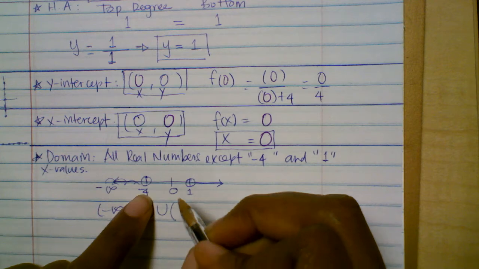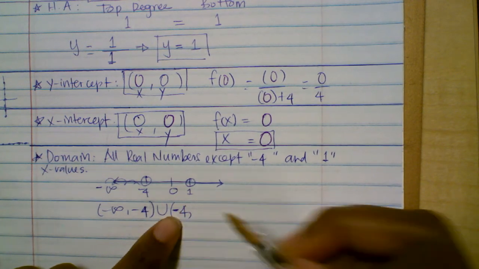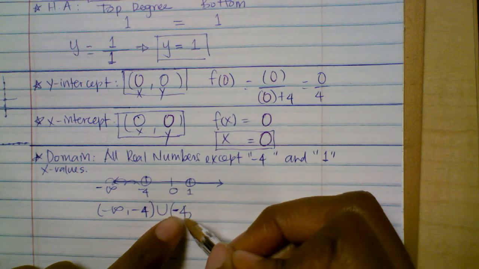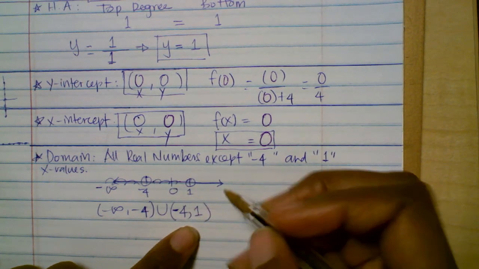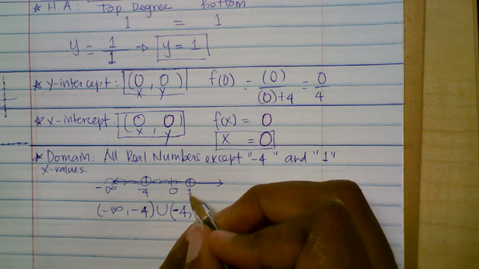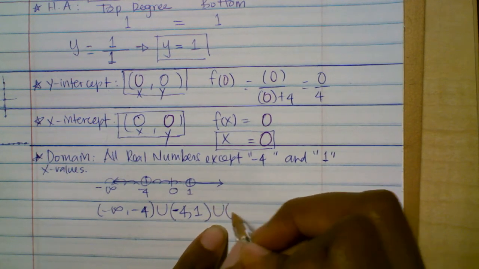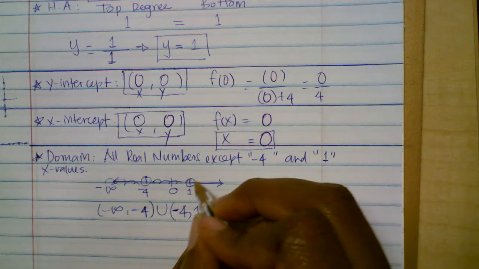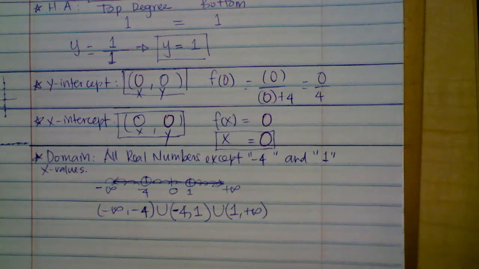Then union, and you start at negative 4, parenthesis to omit it from the domain, comma up to positive 1, close the parenthesis, because you don't want to include the 1. Union, and then parenthesis 1, comma positive infinity. And that's the domain.